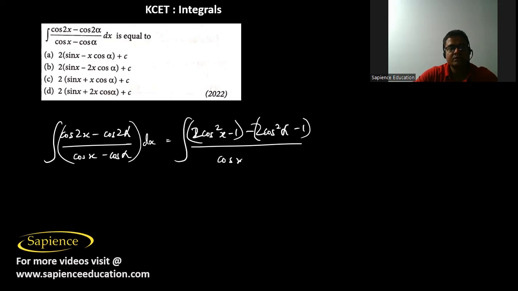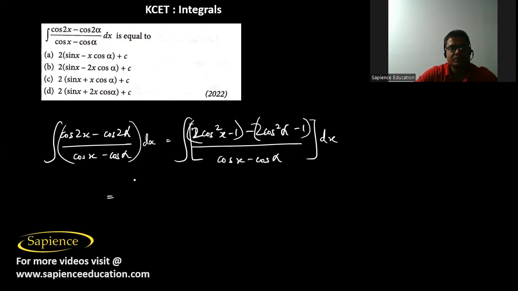Then here we have to find the integral of cos 2x minus cos 2 alpha divided by cos x minus cos alpha into dx. So now cos 2x I can write as 2 cos square x minus 1, then minus 2 cos square alpha minus 1, divided by cos x minus cos alpha into dx.